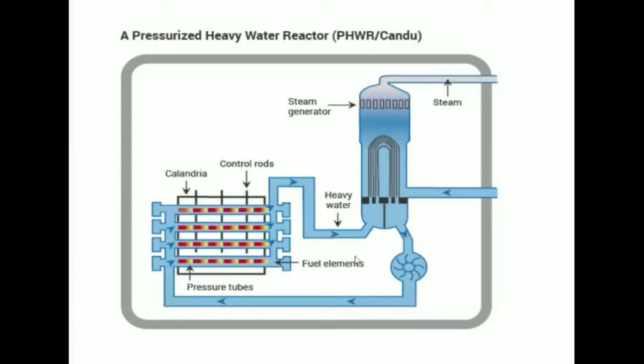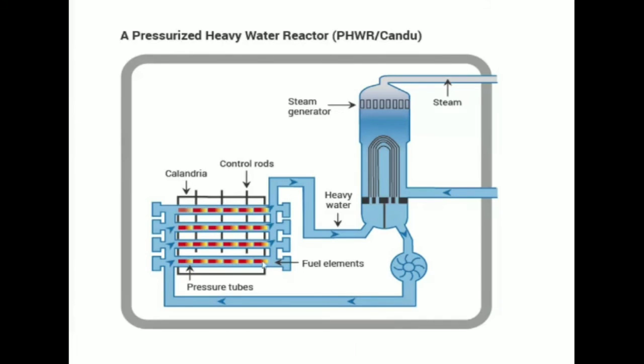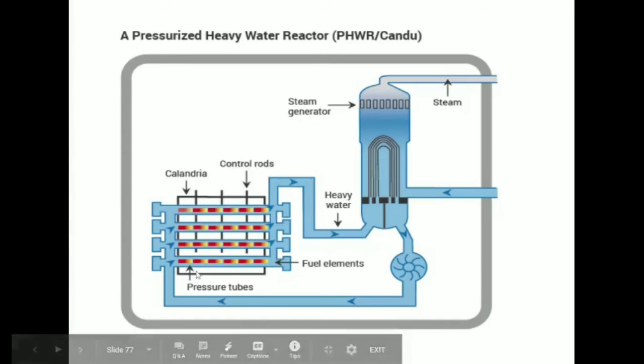A pressurized heavy water reactor is shown here. So this is the steam generator. Reactor vessel is shown here. Then control rods and fuel elements are provided here. Then pressure tubes.